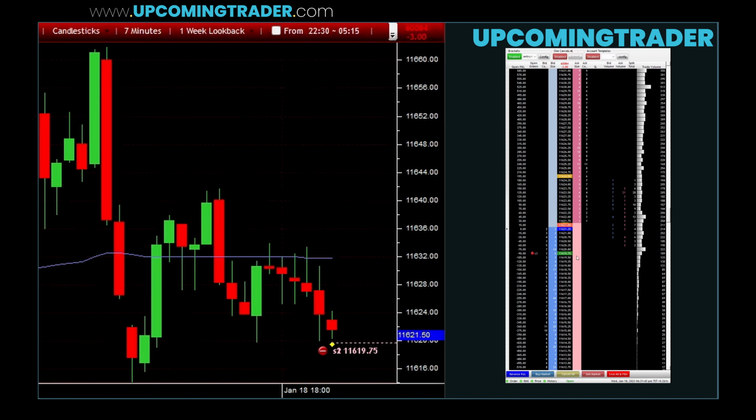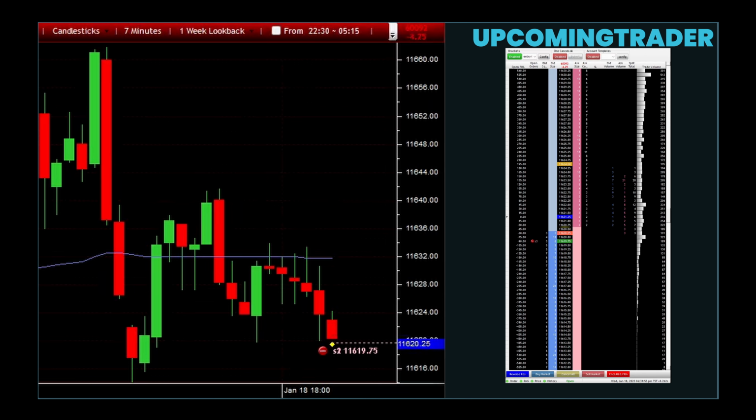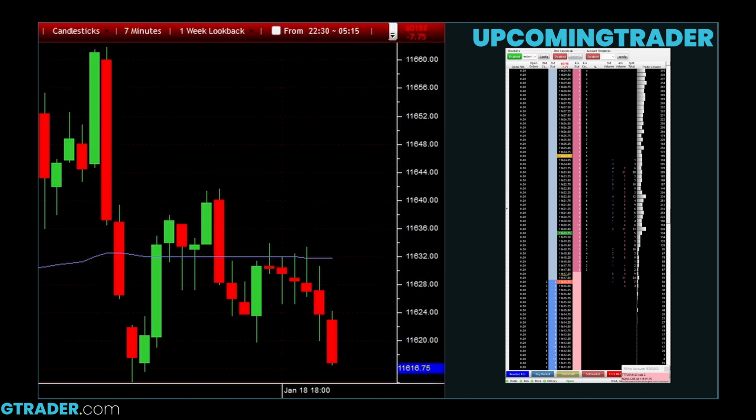Similarly, when trading a double top pattern, placing a stop loss just above the second top makes sense, particularly if the volume profile shows reduced interest above that level, suggesting a high probability of reversal.